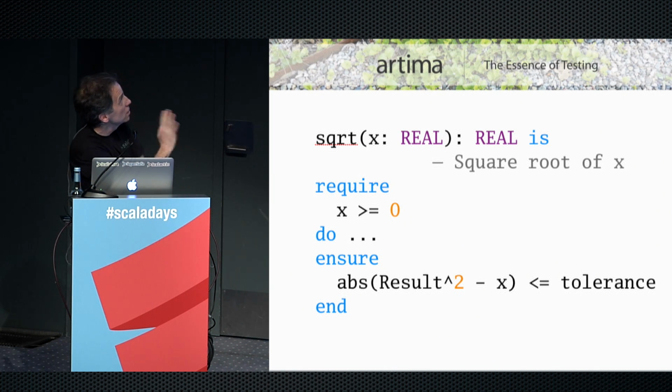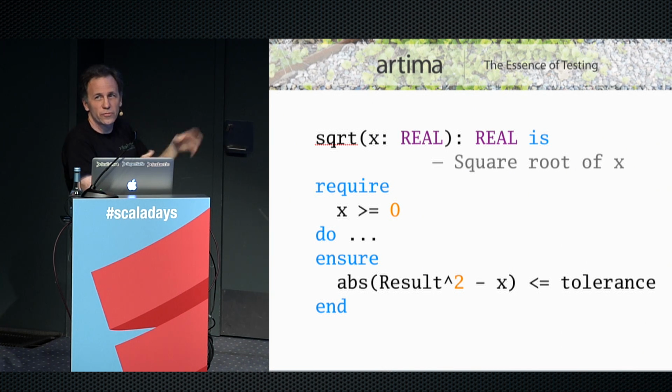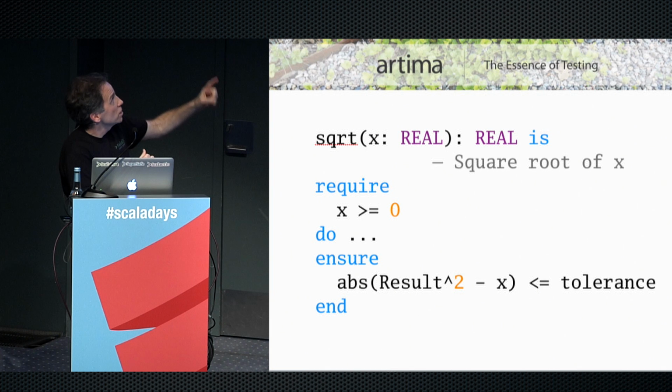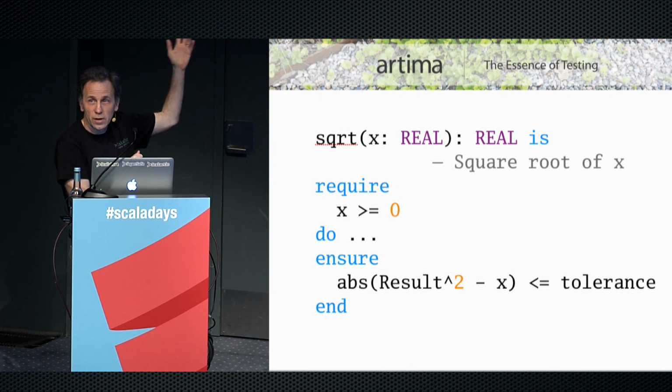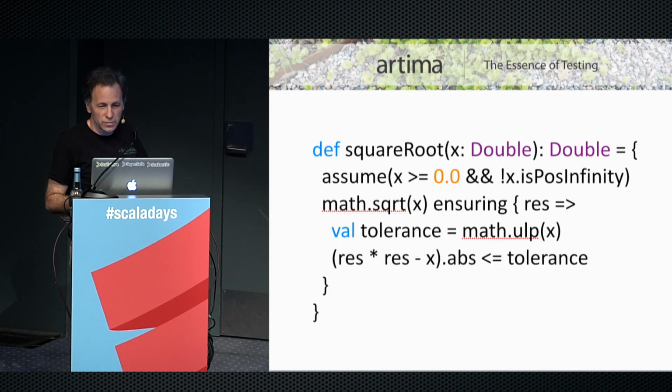And he has very fine-grained ways of turning these things on and off. You can turn them off by class. You can turn off just postconditions and leave on preconditions, and that's the default. So the default in Eiffel was that you leave the preconditions in there, but you turn off the postconditions. That was the default. And that turns out to be what people did in the marketplace of ideas.